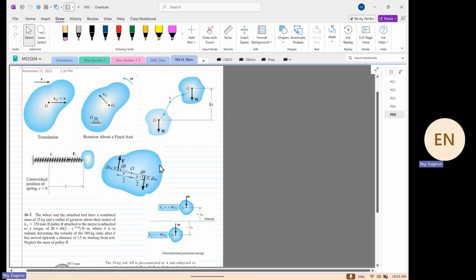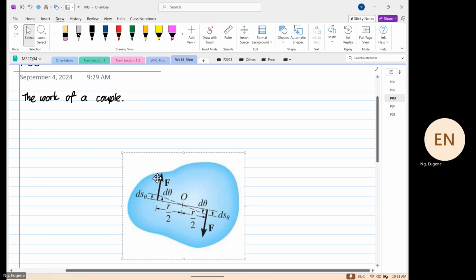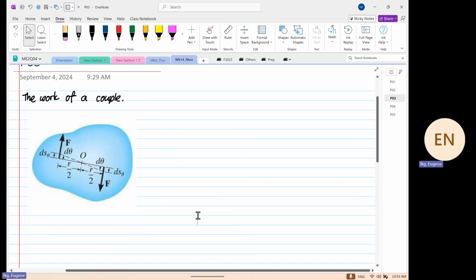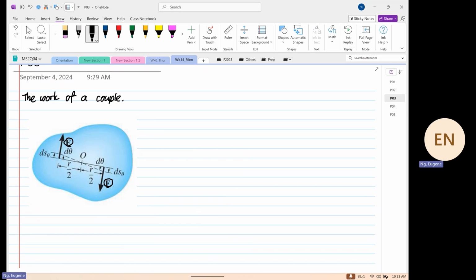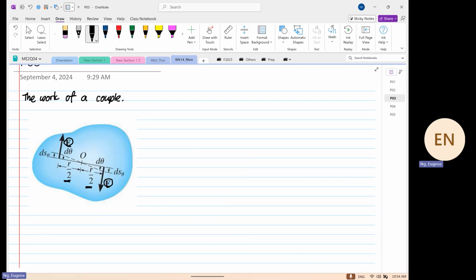So I'm going to get this diagram again. What you see over here is a rigid body and you have forces. These forces are generating a moment. What you have over here is the R over 2, your perpendicular distance.